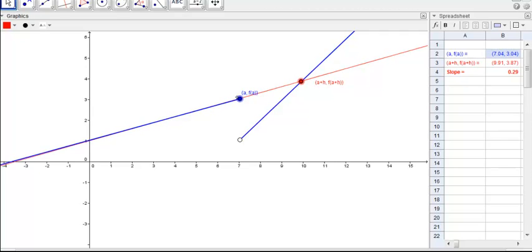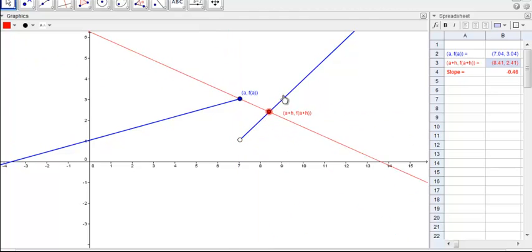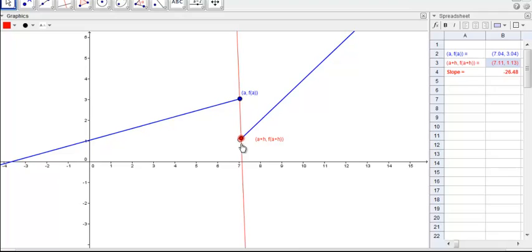The limit on that side is that, and there's sort of a legitimate tangent line from that side, but there's not a legitimate tangent line really at the point, because from the right side it's not approaching a specific tangent line. In particular, it's approaching a vertical line, and so the slope is undefined there.